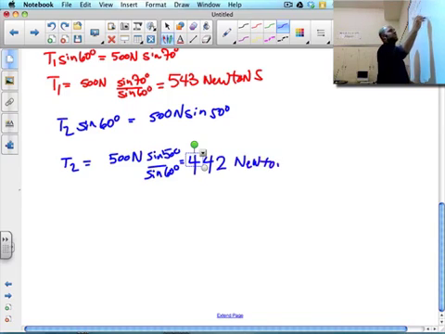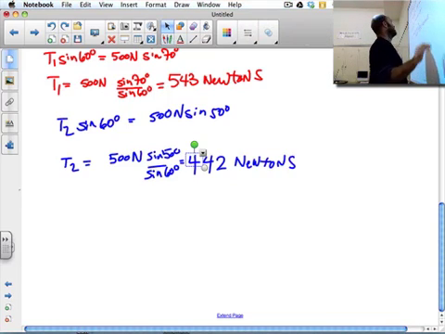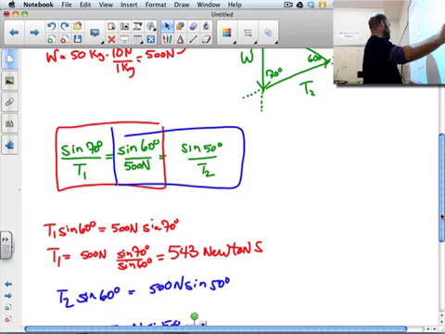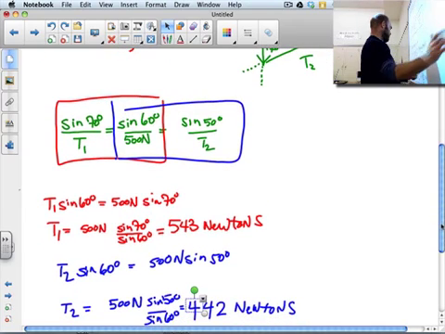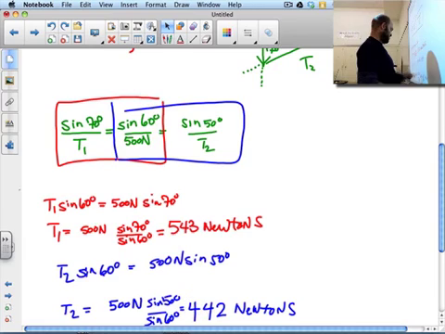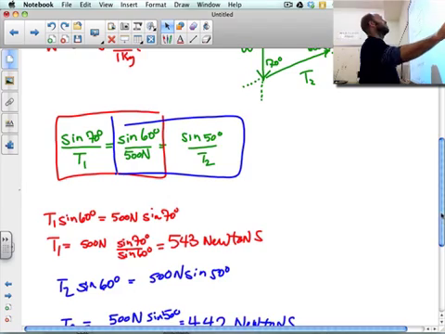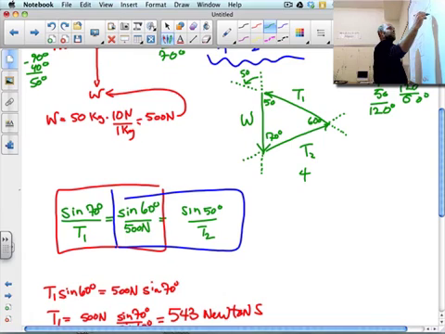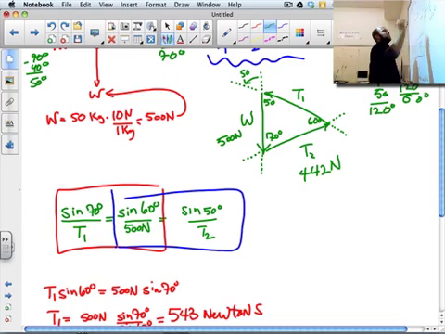So let's try to make sense of this now. If I scroll up, T2 is 442 newtons. My weight is 500 newtons.